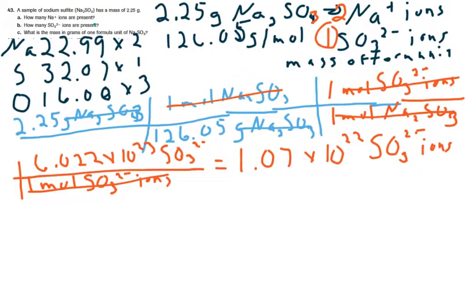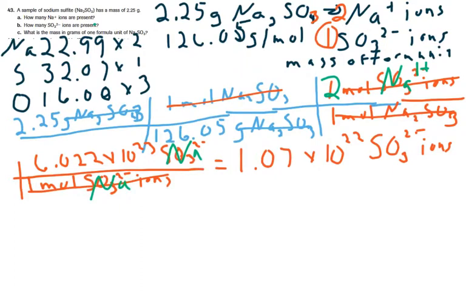Then, for our sodium ions, all we need to do is, we're supposed to have 2, so this becomes a 2, and 2 moles of sodium ions, and all the original part stays the same, and this becomes sodium, and this becomes sodium.